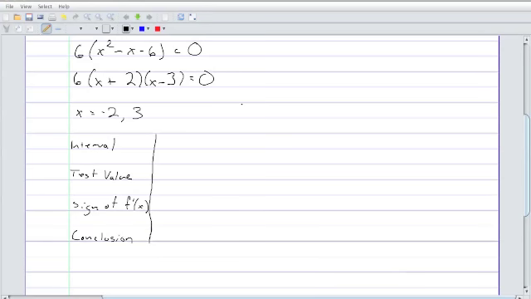Okay. Now my critical numbers are going to be negative 2 and 3, so this tells me I need to test from negative infinity to negative 2, from negative 2 to 3, and from 3 to positive infinity.